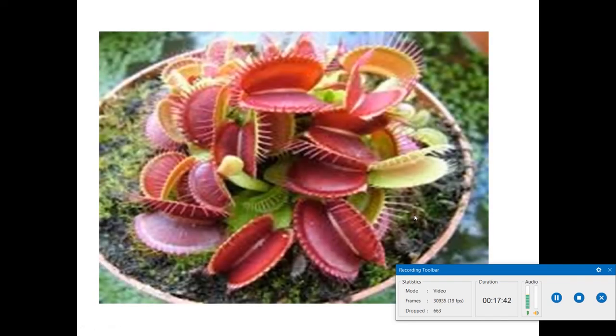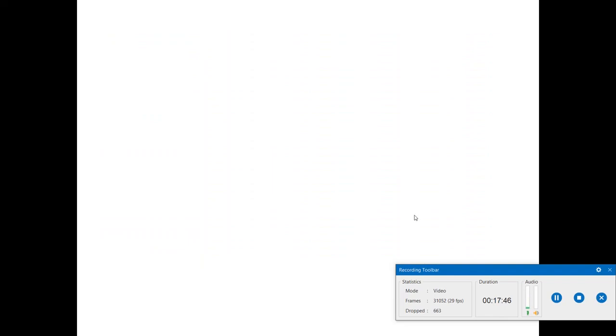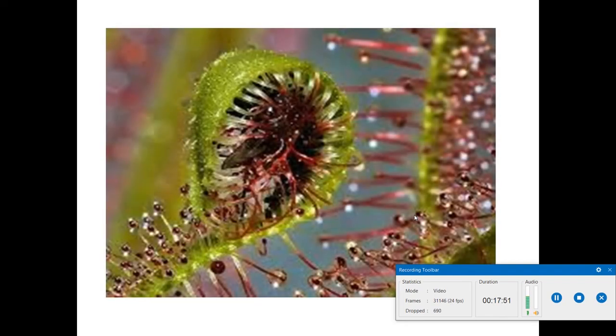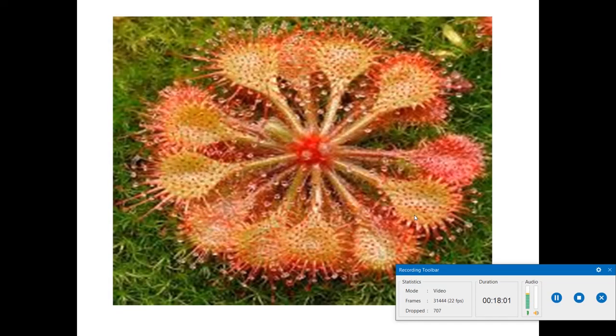Here is an example of Venus flytrap. Again, you can see how the insect has been trapped here in the sundew plant. Here again is an example of an insectivorous plant.